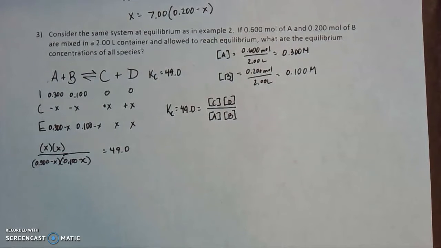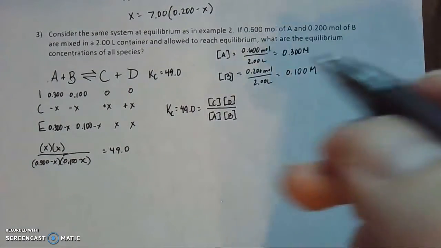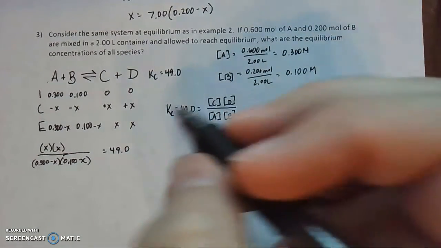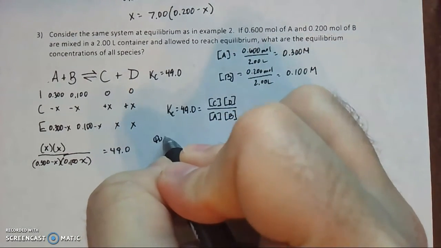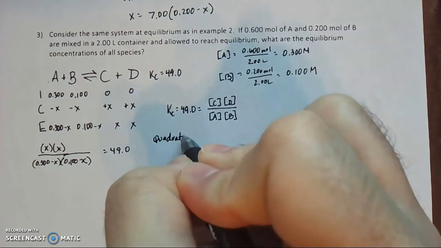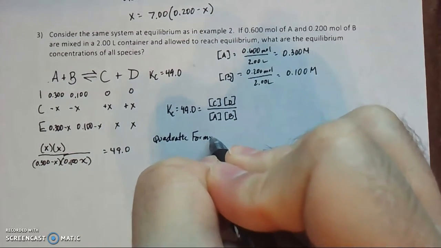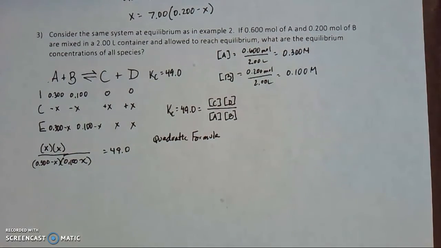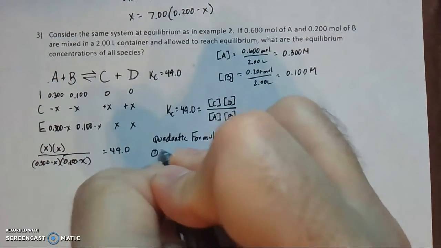Hopefully you went and viewed those videos and you realize that we are going to have to use the quadratic formula to solve this. In order to use the quadratic formula, we have to set this equation to 0.